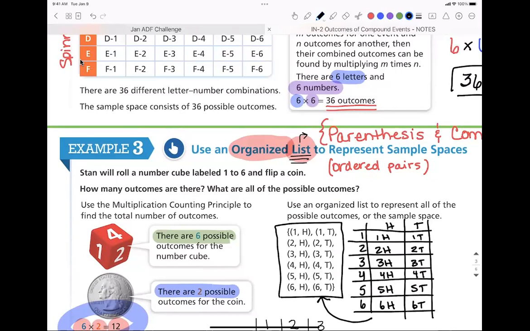Create a table, and then from the table, I want you to practice creating a list. So I want you to do both. Create a table and create a list. Yes, put the title on the table for each side. No, but you do have to put A, B, and C along one side, 1, 2, and 3 along the other side.